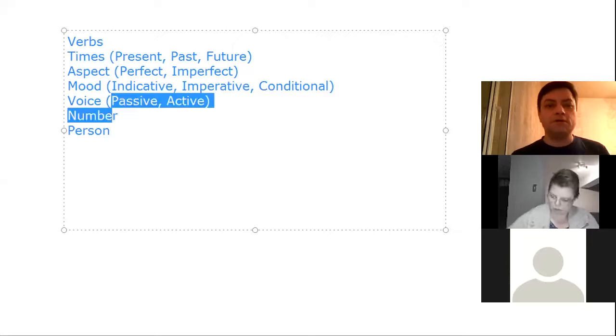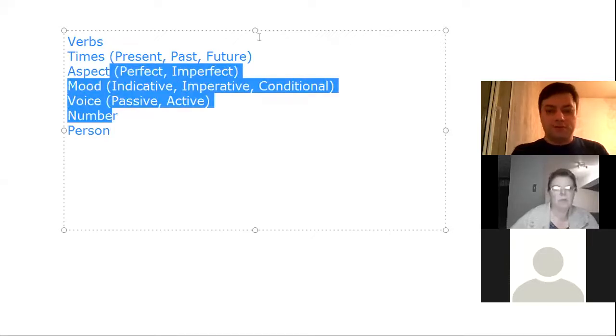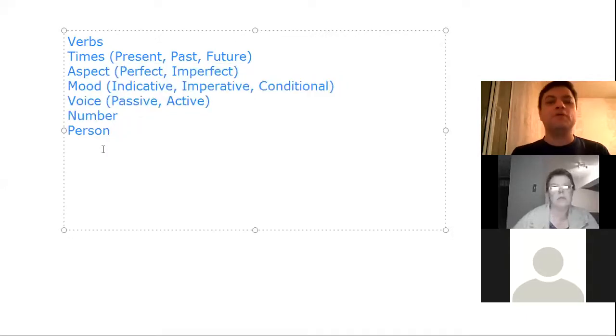Okay, so those are different aspects of verbs which you're going to learn in the Russian language if you go for an advanced course. We can't cover it in this course, therefore, for times, we are only going to learn the present time.